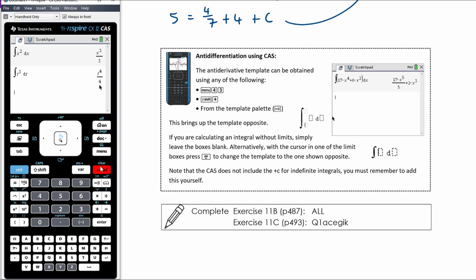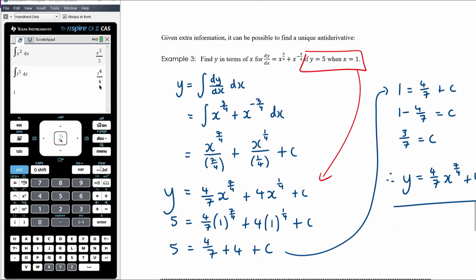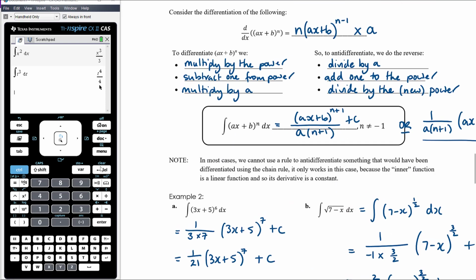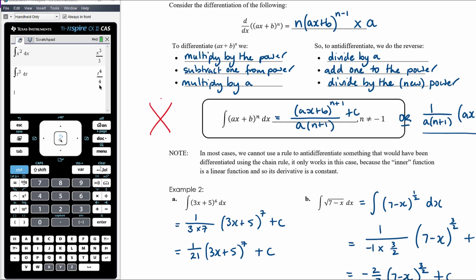The other thing I want to say just before we finish up is that of all the things we cover through this topic, when we get to the end of this topic and you're revising for the SAC, or when we're getting to the end of the year and you're revising for the exam, the one thing of all the things that I teach you throughout the year that none of you ever remember is how to anti-differentiate these. So let's try and make a really conscious effort this year to remember and to recognize and know that we know how to do those and that we can anti-differentiate those.